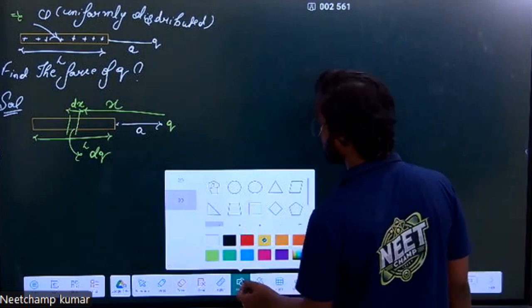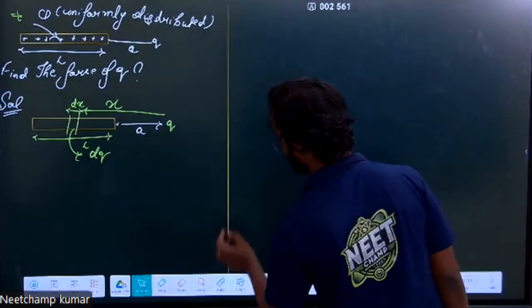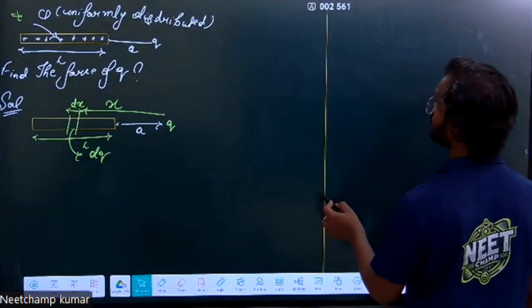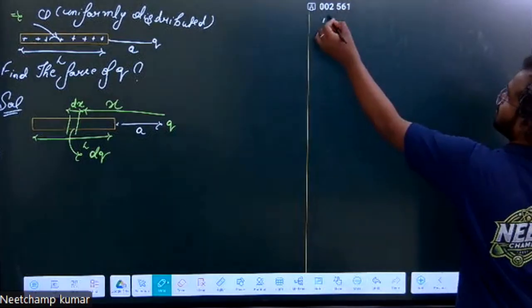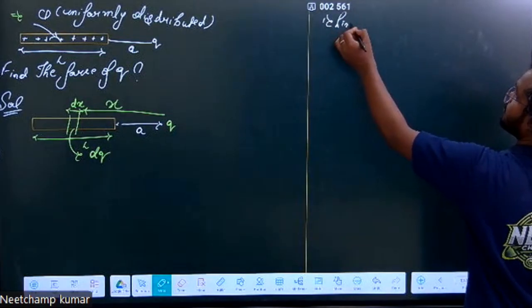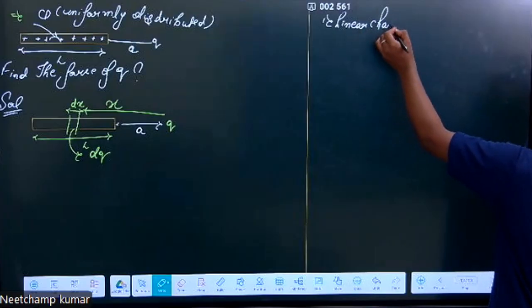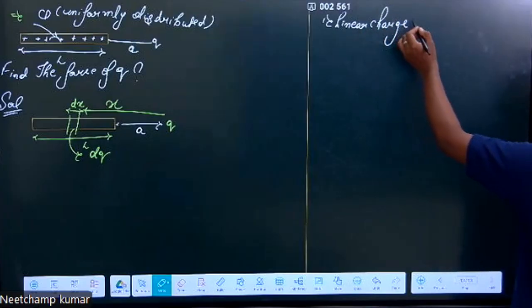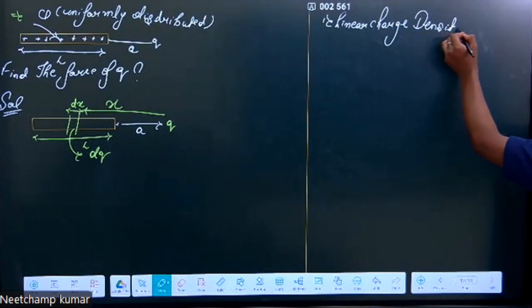Before solving that, you have to know a few terms that are going to be used everywhere. First is linear charge density. Just note this important density. What is linear charge density?